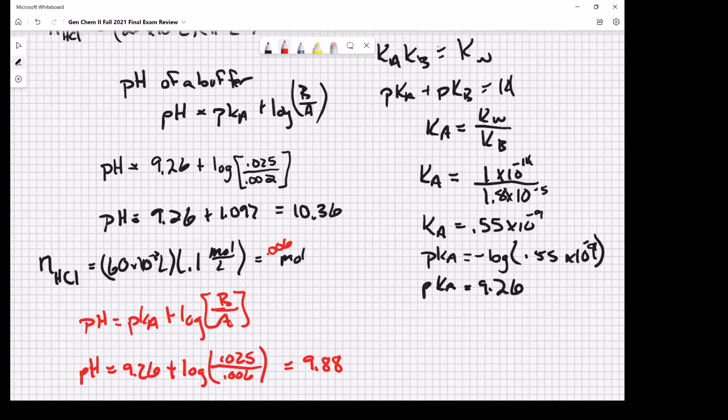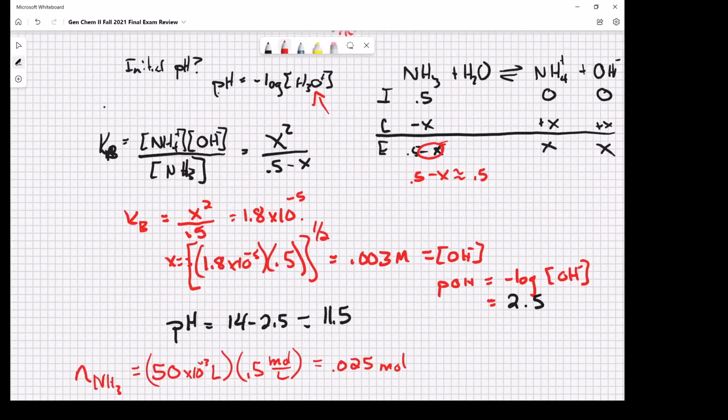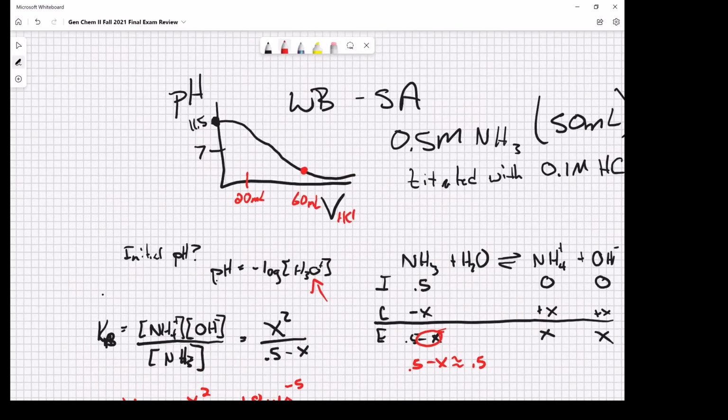So now let's say that instead of 60, we've added 250 milliliters of HCl. So we're going back up here to our titration curve.